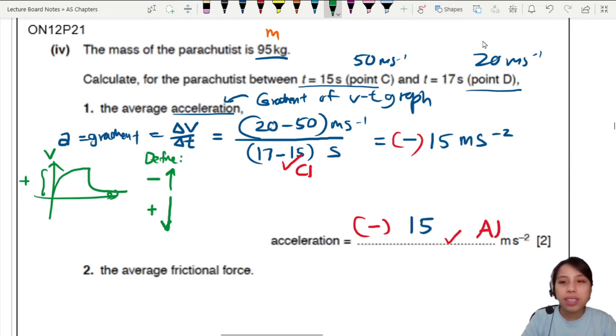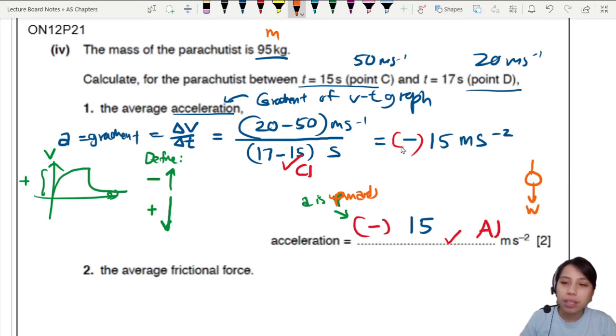So if you see this acceleration is negative, it just tells me that at this moment in time, when you open the parachute, your acceleration is upwards. So I can draw the object. Here's the weight. Here's a big drag force. And because of that big drag force, net force is upwards. Acceleration is upwards. All upwards, which is negative.